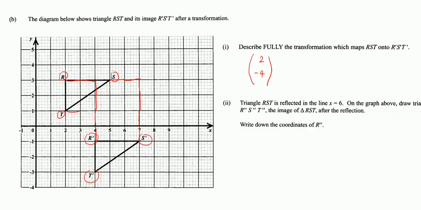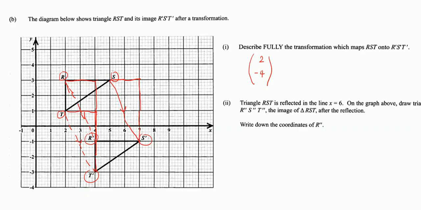Let's do it for T. We go 1, 2, and then we go down 1, 2, 3, 4. So therefore, S goes this way. Then we have R going this way. And then we have T going this way.